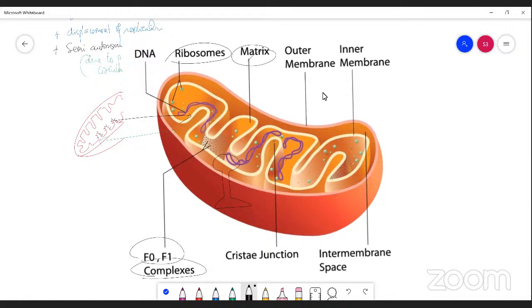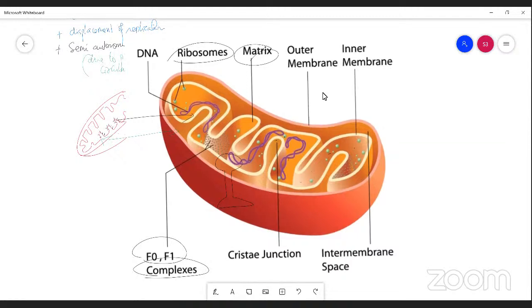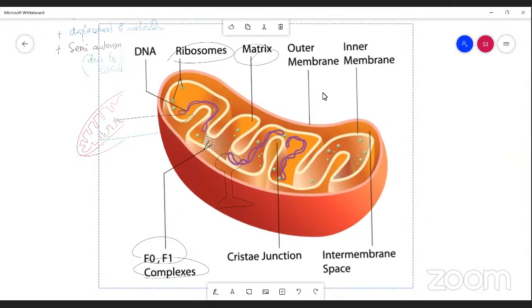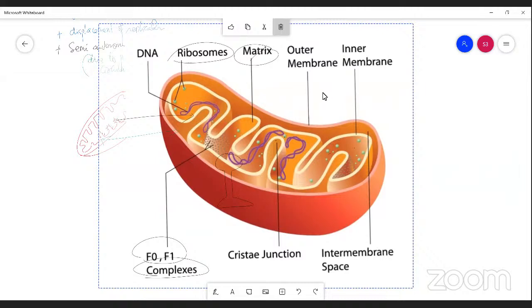The F1 particle is nothing but the Fernandez complex or oxysome or elementary particle, right? This is an elementary particle.